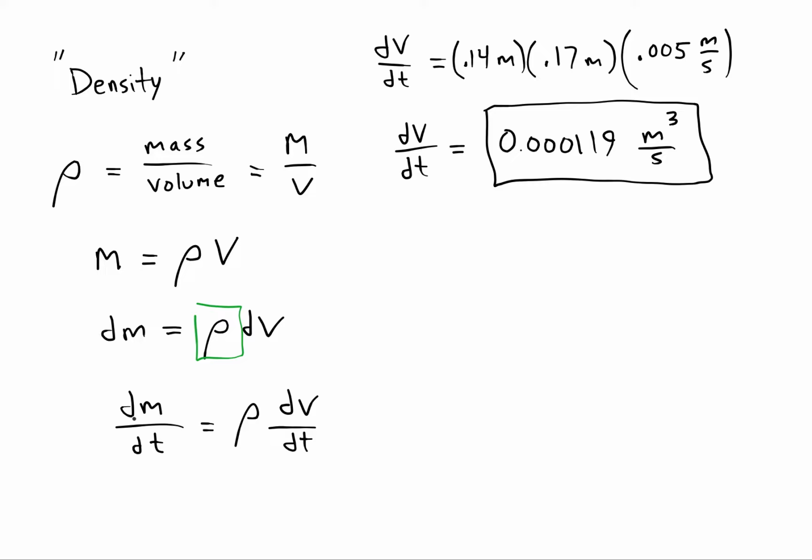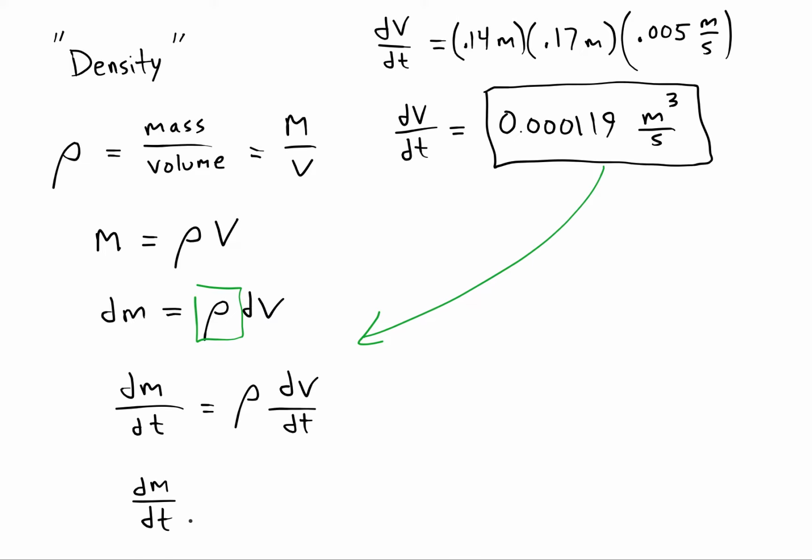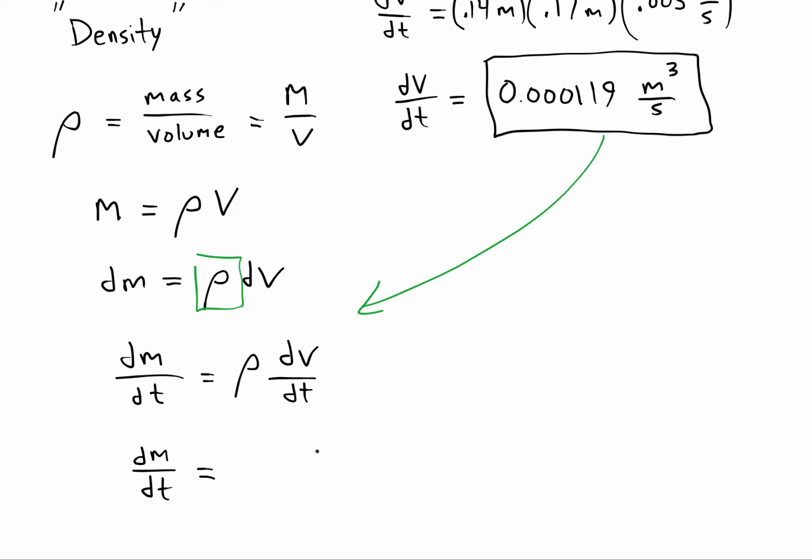So on the one hand you have how the mass is changing with time, and on the other hand you have how the volume is changing with time. But I already found how the volume is changing with time though. So now I could plug in if I know the density though. And then I could find what they're finally looking for, which is dm over dt.